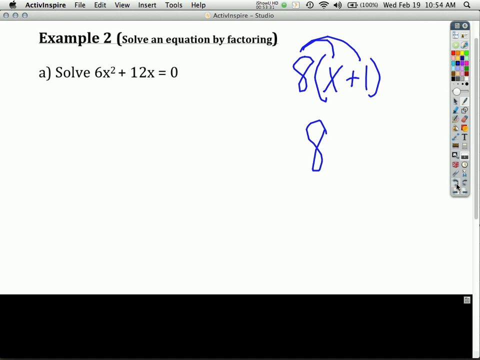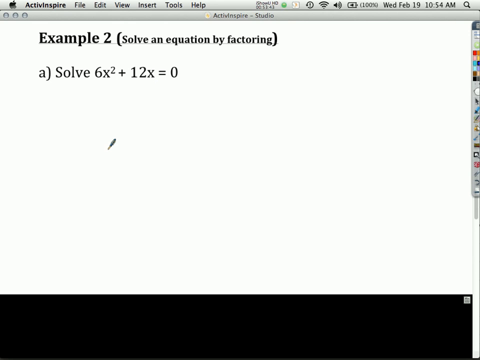We're going to do this in a way that will hopefully allow you to start using your brain creatively. So we've got the 6x squared plus 12x. We're going to rewrite that. We're going to break down the 6x squared into factors. So this is going to be 2 times 3.